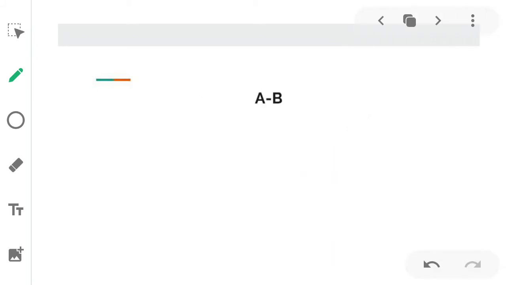So next is A minus B. The meaning of A minus B is a relative complement of A and B. So we will solve for that also. How to draw?